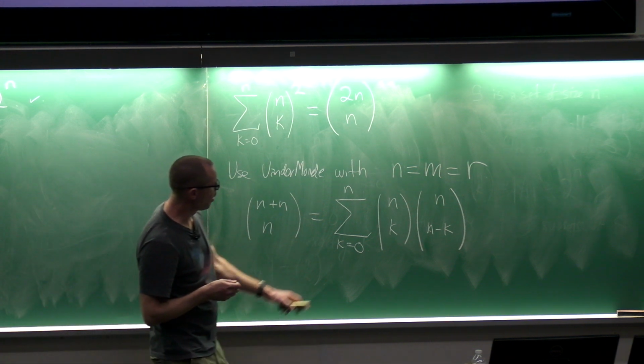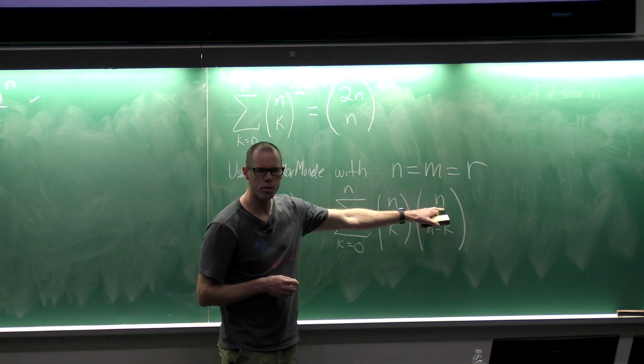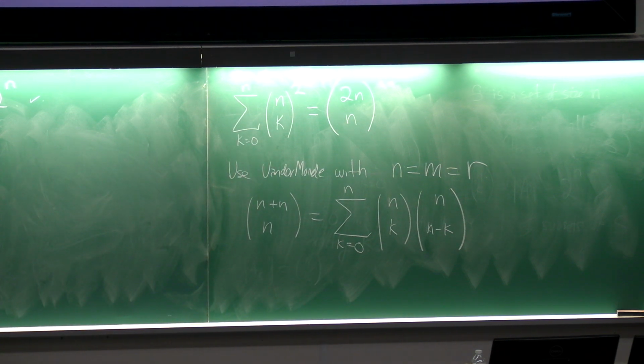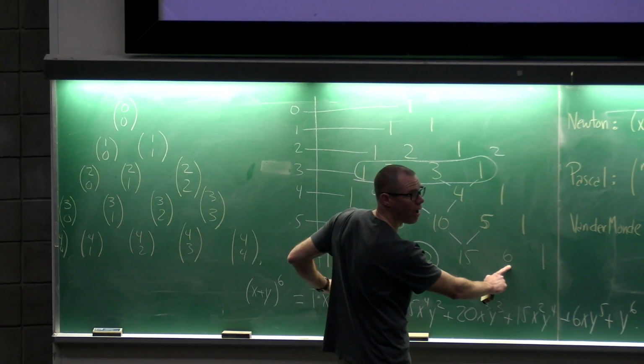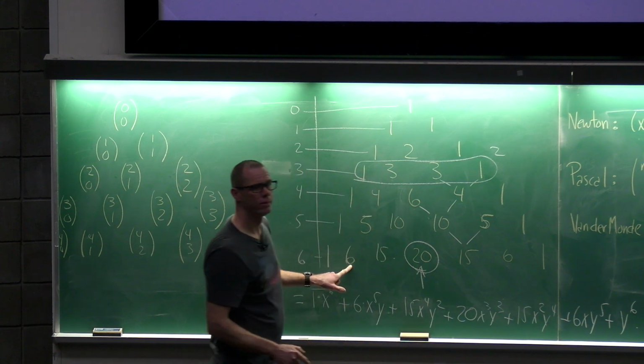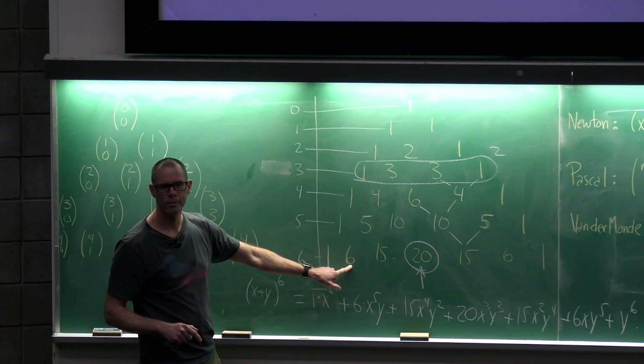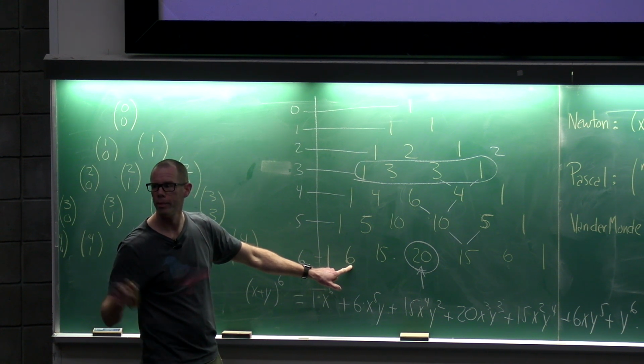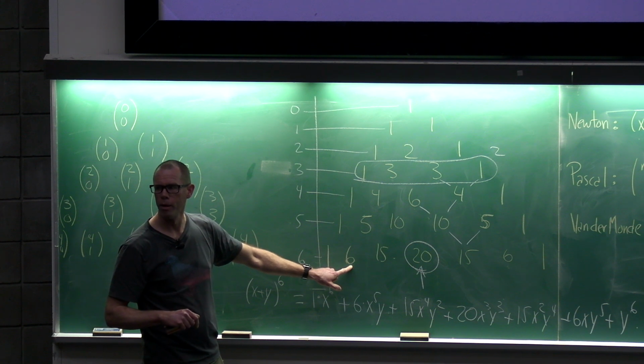What can you tell me about n choose k and n choose n minus k? So for example, 6 choose 1 and 6 choose 5. Yep. It's the same number.